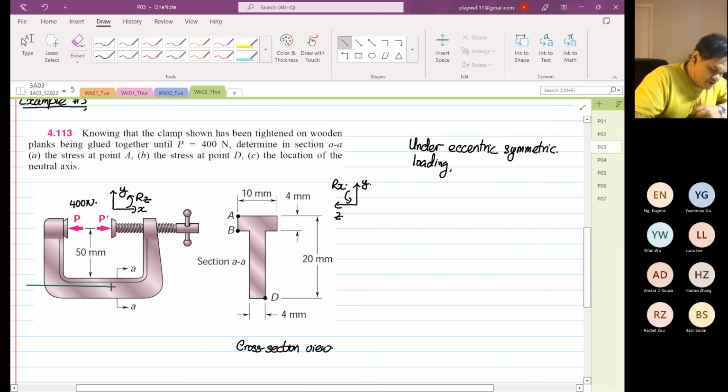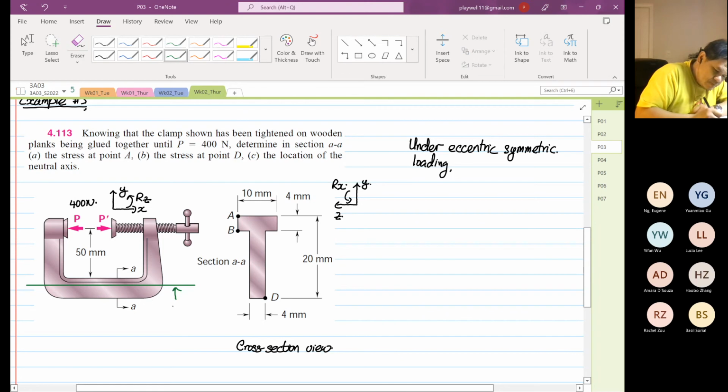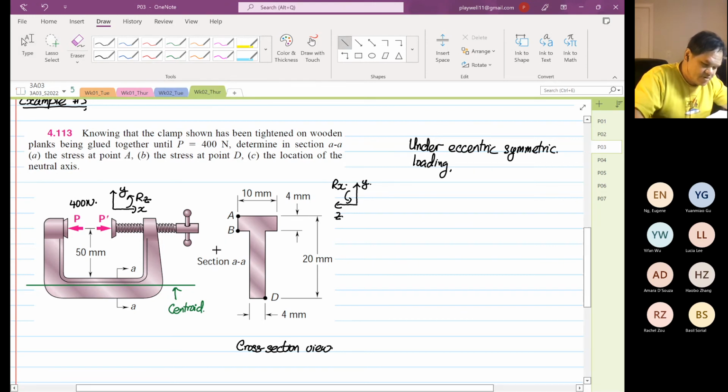So this is the position of the centroid, and that position relative to the cross section, again, this is just a sketch. So it's exactly at this position. Okay. So this is also our centroid. We don't know where it is yet. We have to find out.